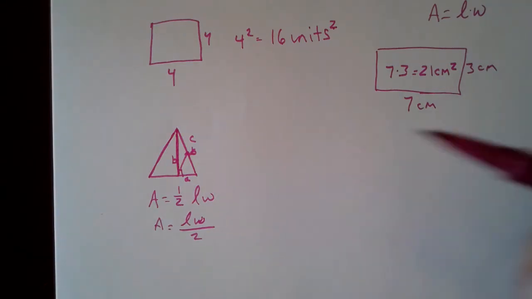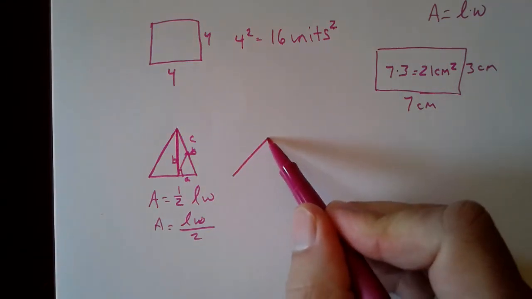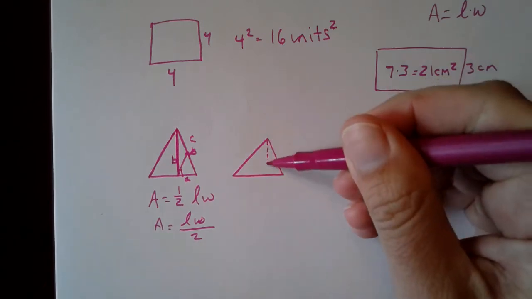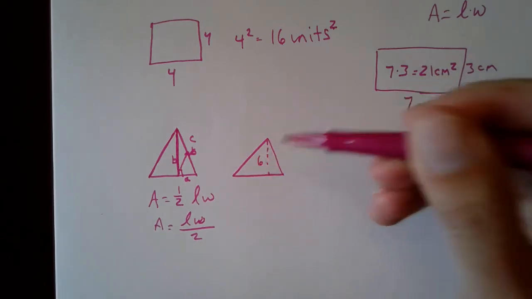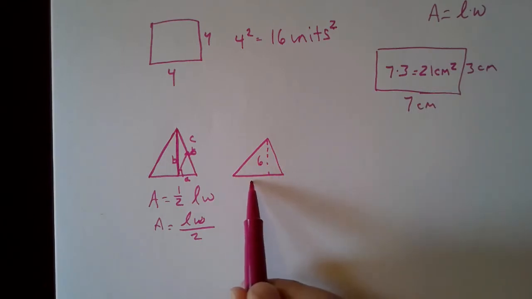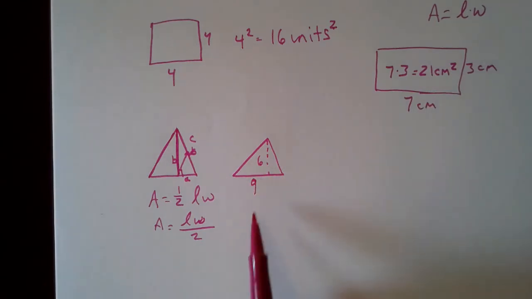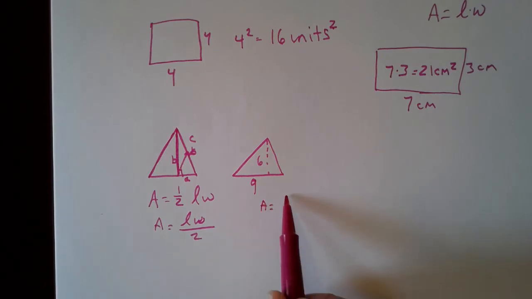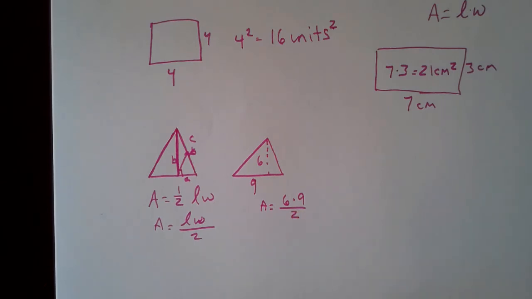All right, but for the basics, let's just do a triangle. Let's say the height of this is going to be 6. The width of this is going to be 9. So to find the area, we would have to do 6 times 9 and then cut that value in half.